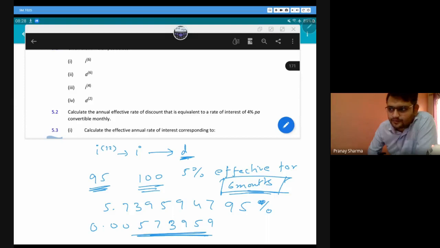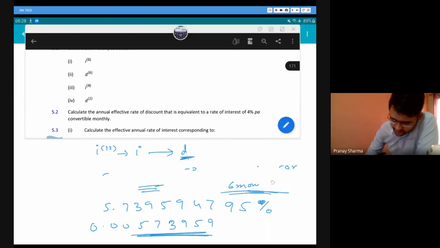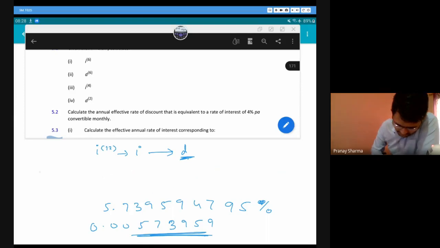that becomes a nominal rate when it is convertible in some other form. Okay, so if they wanted to write I12 by 12, they would have said two things. First, they would have said 4% per month.